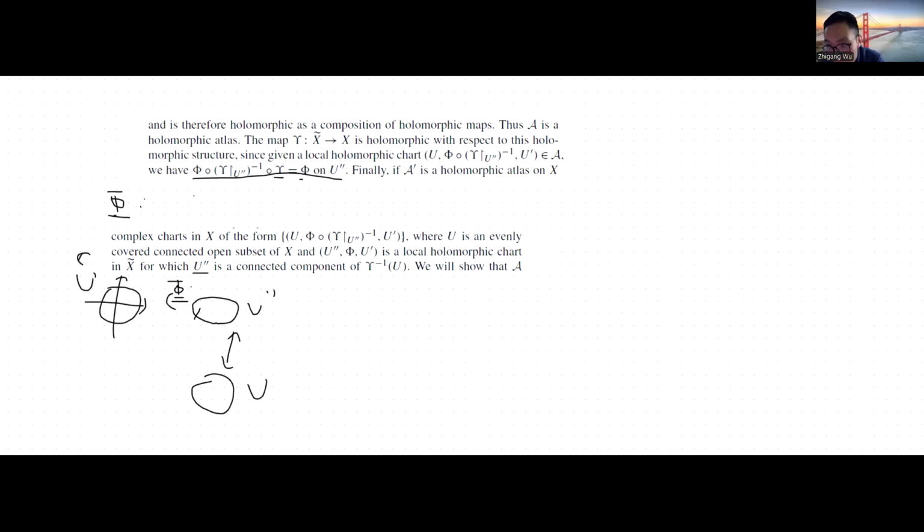Basically, if you take any local chart, I'll leave it to you to verify this one.